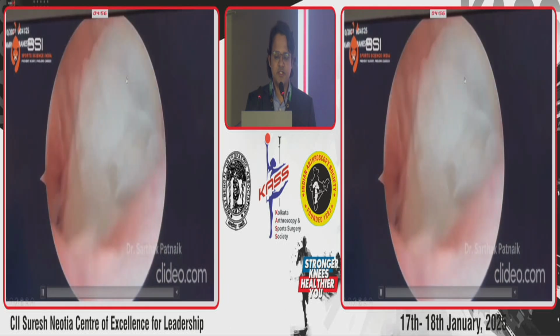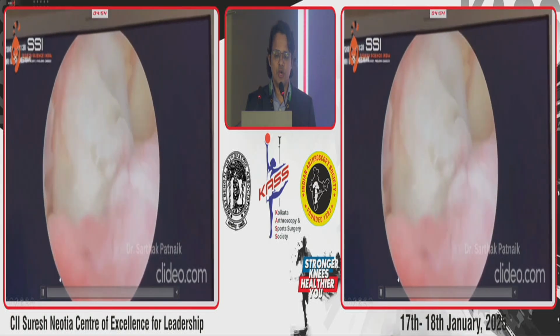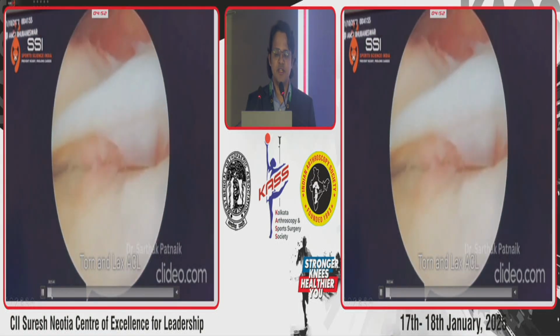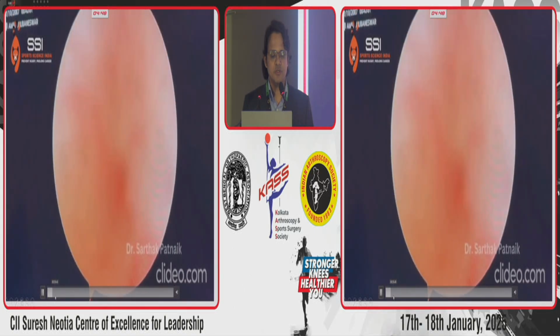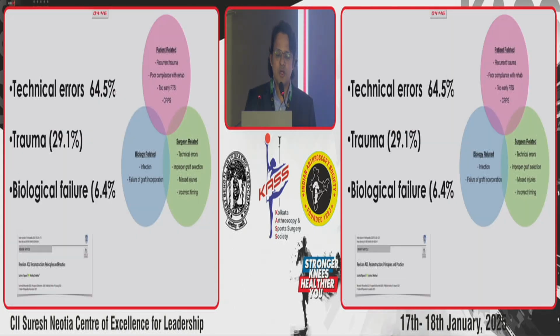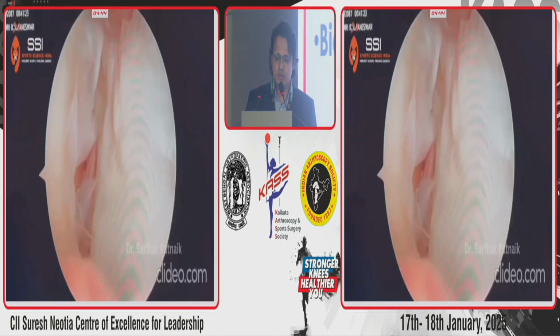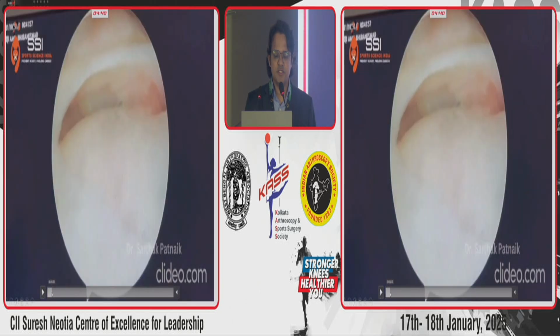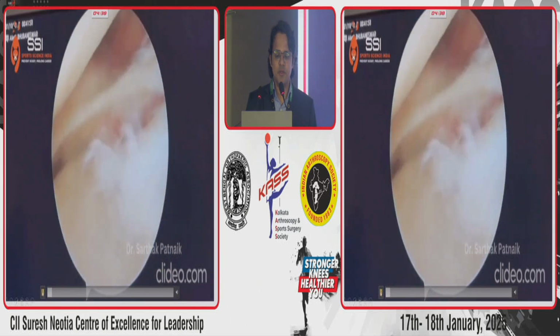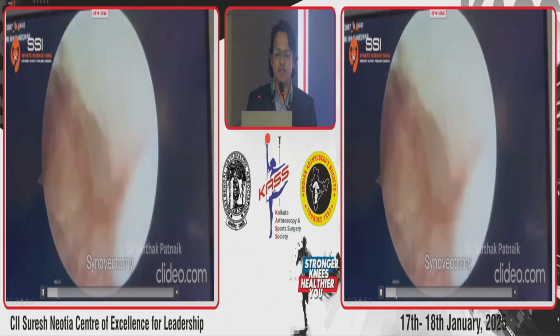As I went inside, there was a lot of synovial tissue inside the knee joint. The meniscus were intact, with no evidence of any tear.